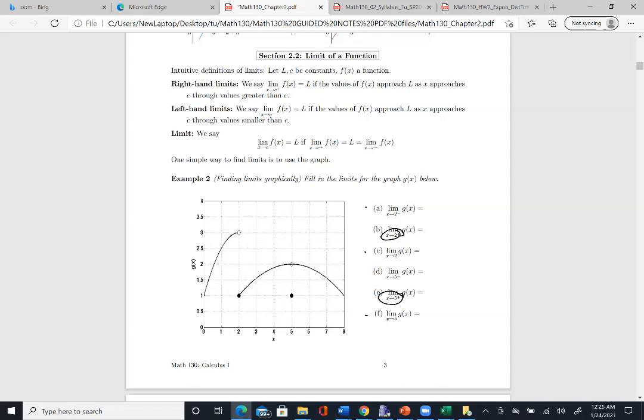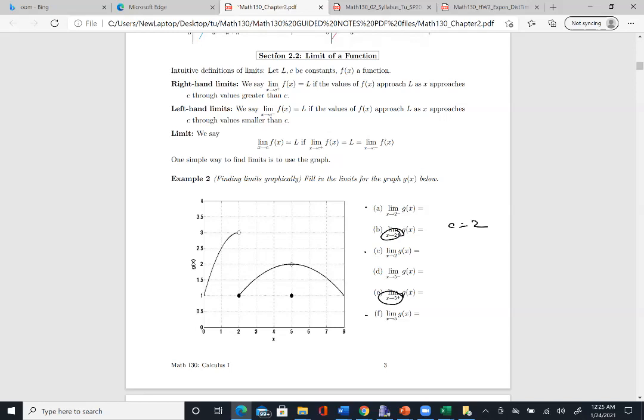It says that if the value of f(x) approaches L as x approaches c, c in this case is 2, right? C equals 2, x approaches c through values greater than c.